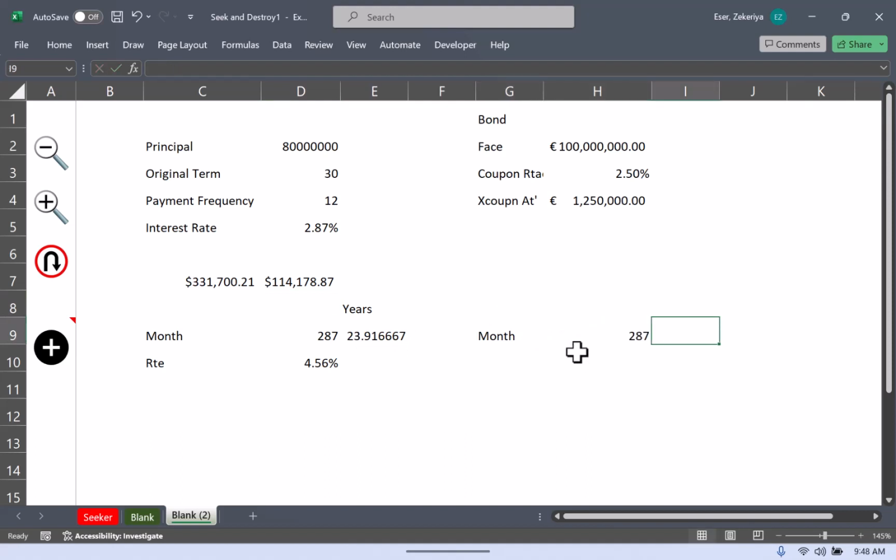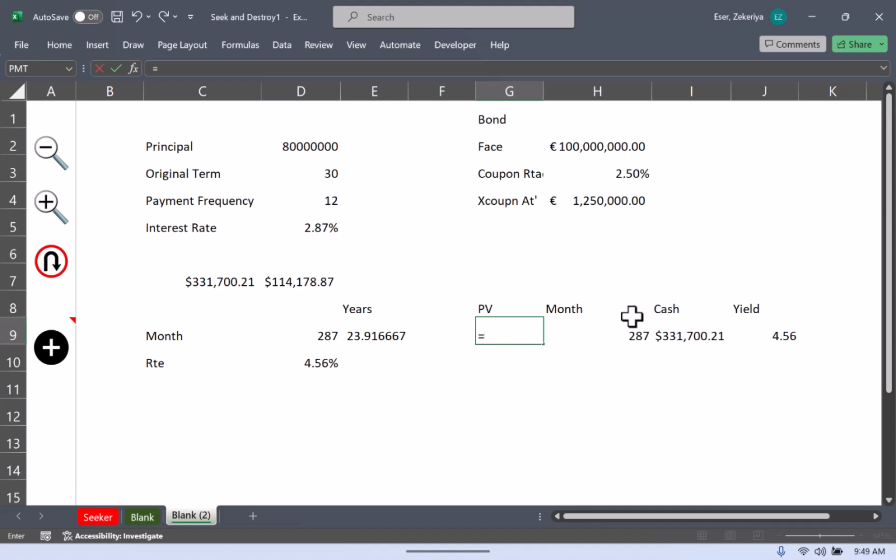Or let me do it this way. Month, cash, yield, and I'm going to calculate the PV here. Doesn't matter. What was it?